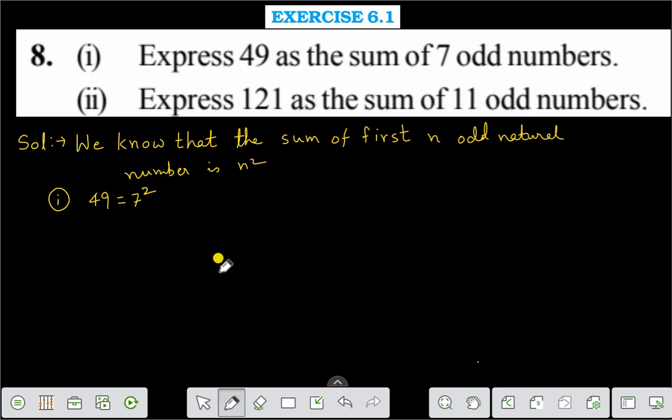Therefore 49 is the sum of first 7 odd natural numbers.